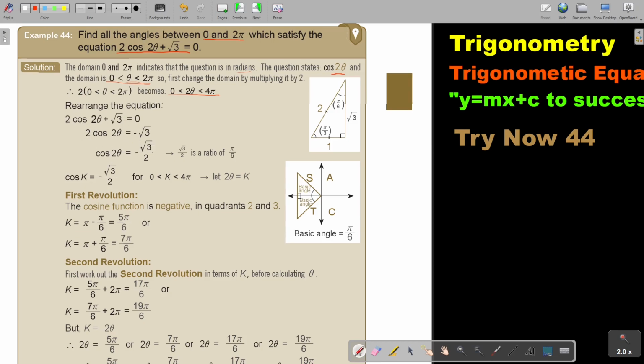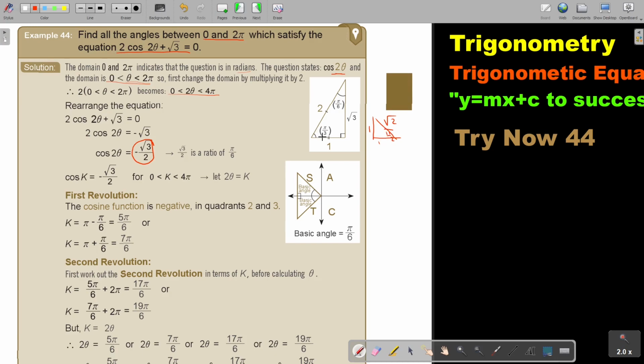Leave that 2. As soon as I see some of the familiar ones, do you see there? In this case, I see the special angles. So it's 1, 2, or square root 3. Or the 45, which will be 1 square root 2, which is pi over 4.